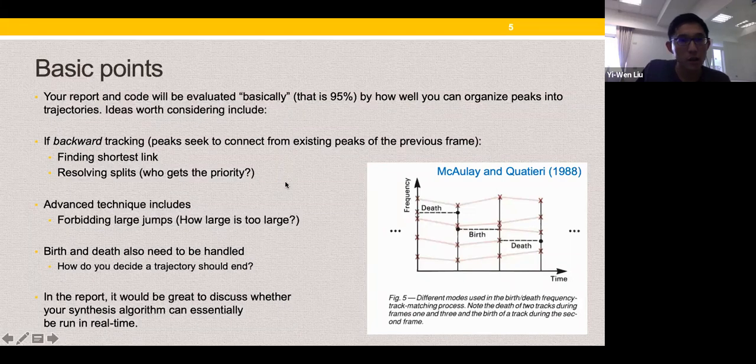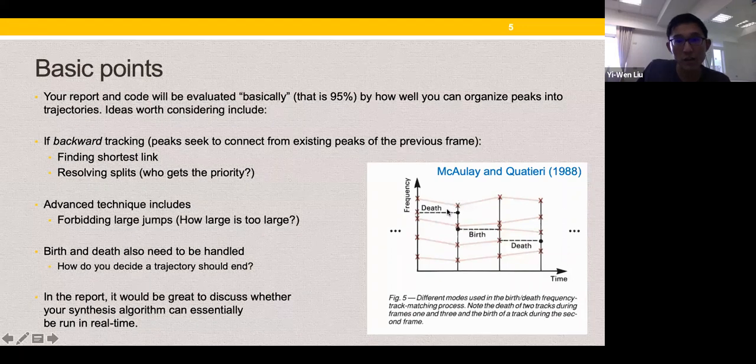All right, and the opposite situation is to resolve splits. What if two peaks simultaneously want to continue from this peak? It's totally possible. If that happens, who gets the priority? Maybe the nearest neighbor.